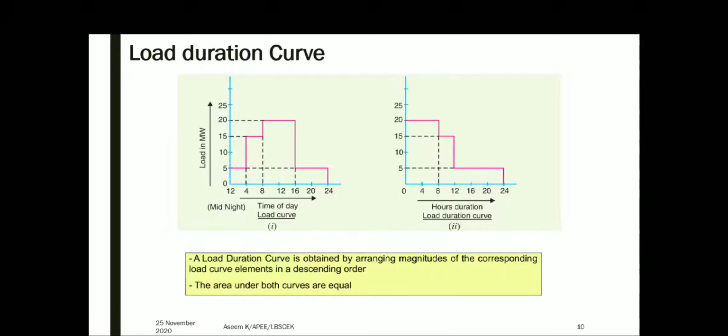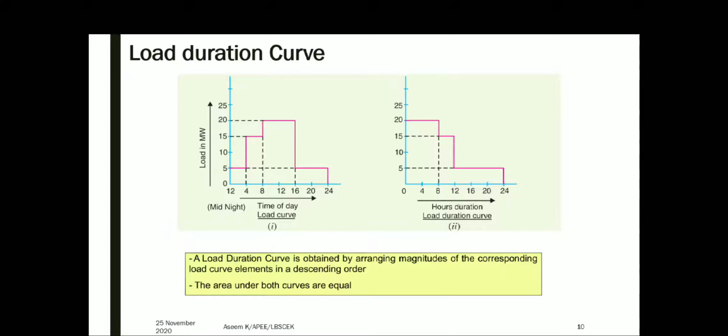It is only showing the load and its duration of existence. So 20 megawatt for 8 hours, then 15 megawatt for 4 hours, then 5 megawatt for 12 hours. So you are arranging the maximum load first, then its descending order and its duration.